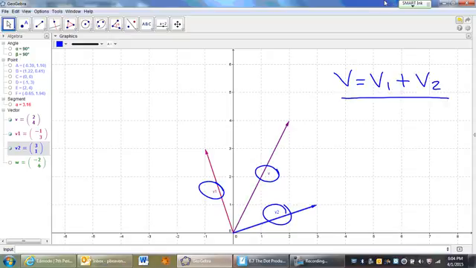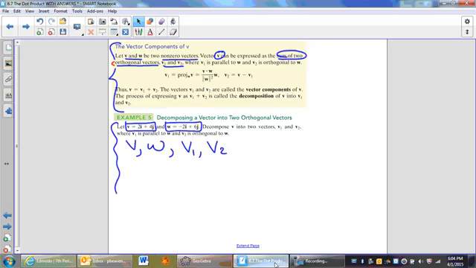Okay, now our paper also states that vectors V sub 1 and V sub 2 are orthogonal. That one is stated right here.